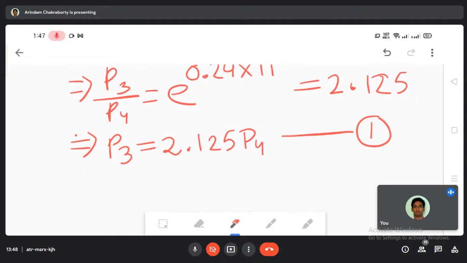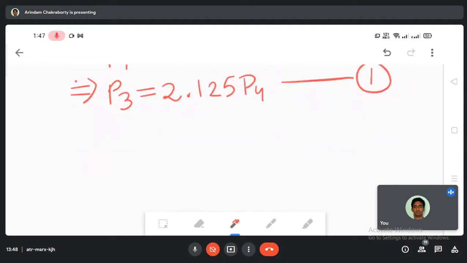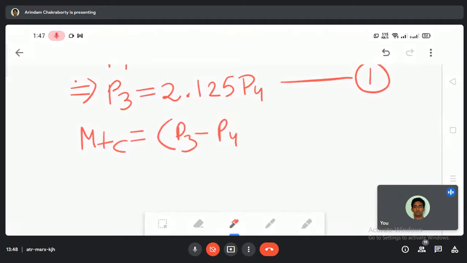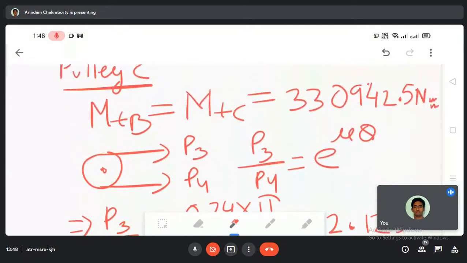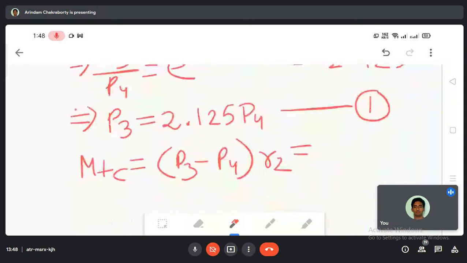Now since we know the torque is the same for both the pulleys, what I can write is MTC is equals to P3 minus P4 into R2 is equals to 330942.5. So we know that.